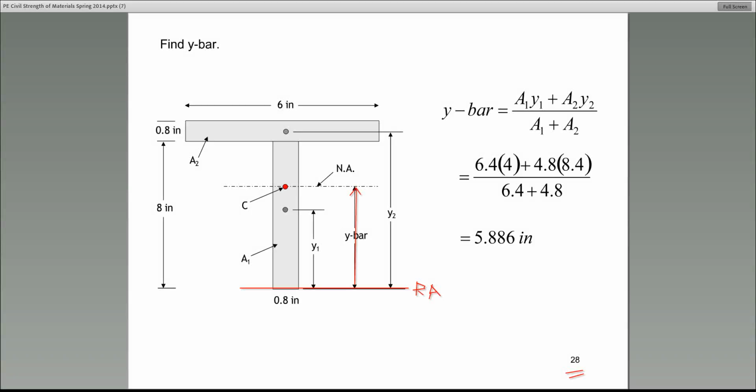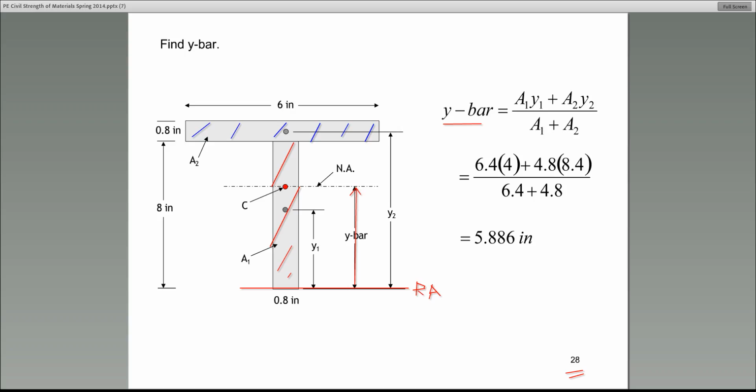So the equation says Y bar is equal to, well, what we need to do is divide this composite section into two sections of known shape. One is this one. We call that A1. And the other one, I have called A2. Now, very quickly, the equation is very simple.